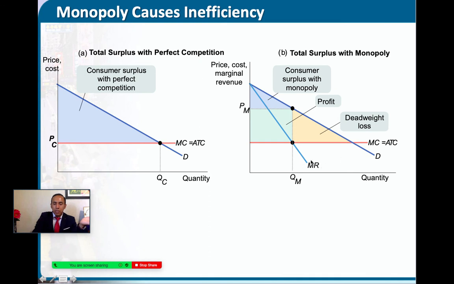You can actually see the loss of transactions when we have numeric values. We had the case of 16 units here, and if the monopoly produces 8, you lose 8 consumers. Some people are not going to be able to buy the product, and the consumer benefit is only for those that are buying the good or service. The model changed significantly.